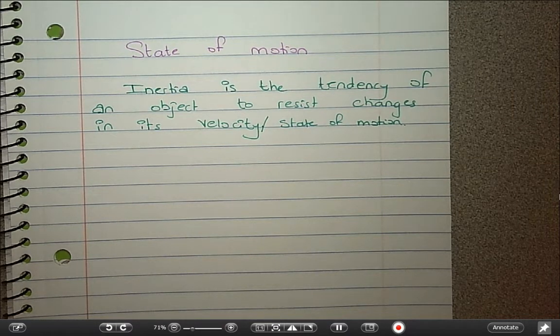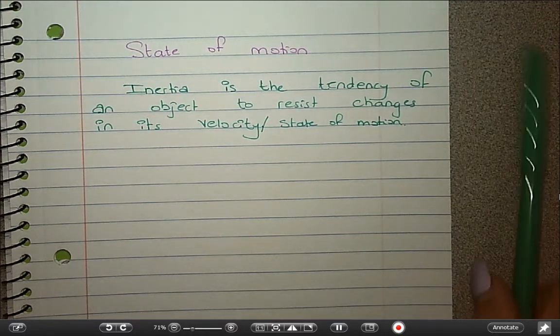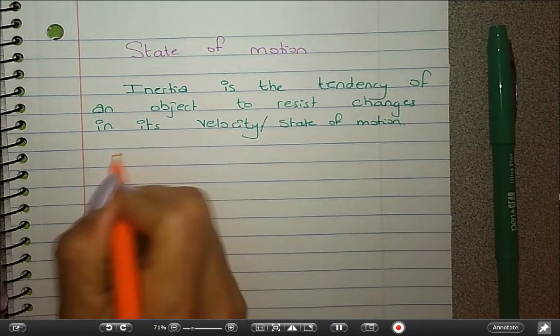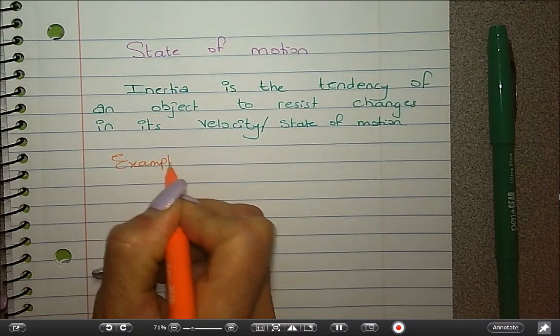So let's do an example. I think that's example 4.